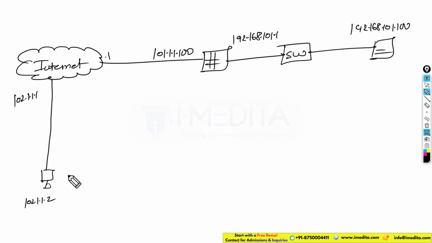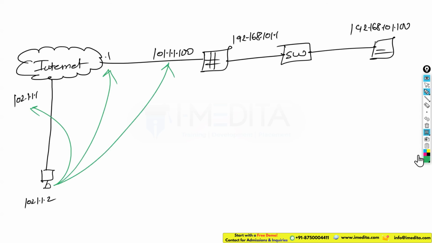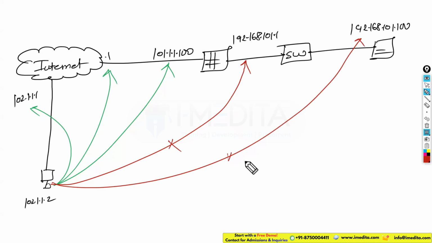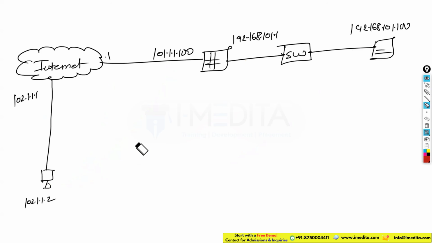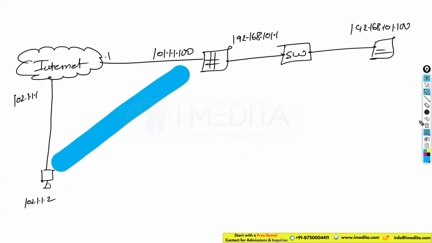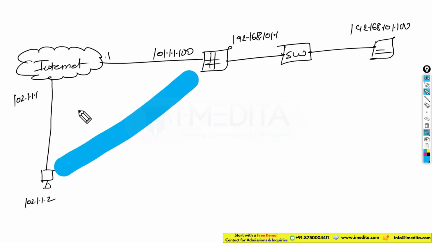This public IP can reach only public IPs, but it cannot access private IPs, because on the internet we can only access public IPs. But we want this user to be able to access the internal network. So we will configure a VPN between the PC and the firewall. This VPN is called remote access VPN.